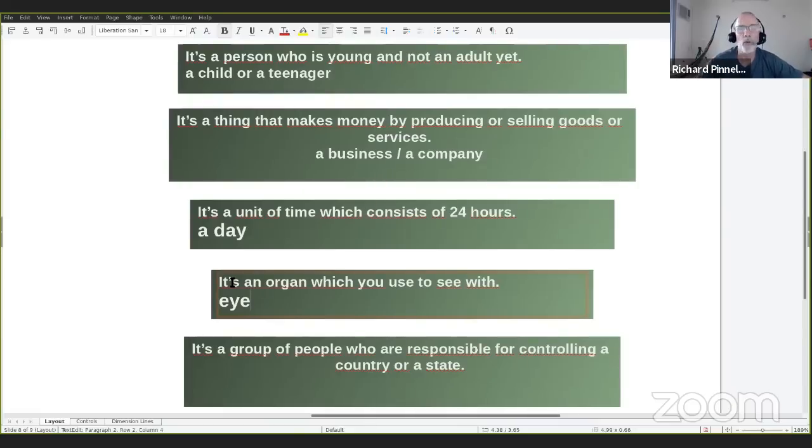Or if you don't know the word for child, you can say, oh, it's a young person who is not an adult yet. You can paraphrase a word. If you don't know the word in English, it's very useful when you're speaking English to try and explain it using other words. And you can use these relative clauses to do that.